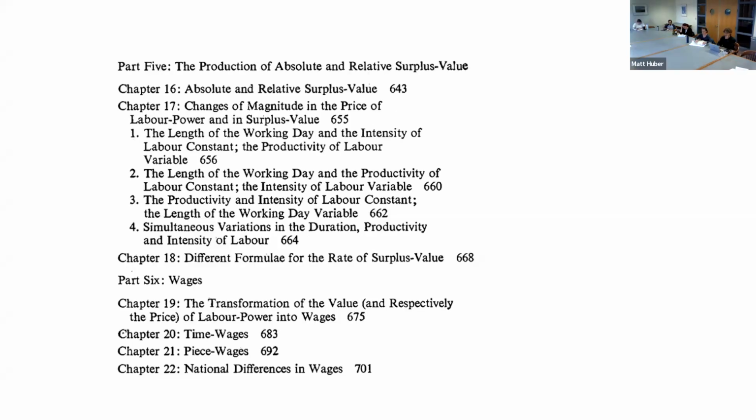The first one, the length of the working day and the intensity of labor constant, the productivity of labor variable, again gets him to talk more about what society can do to increase the productivity of labor.